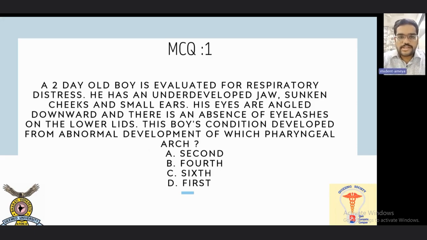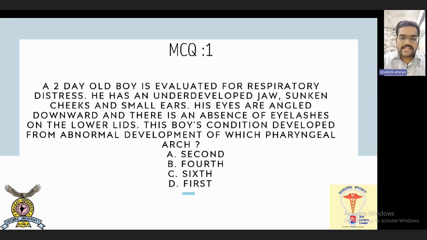This boy's condition developed from abnormal development of which pharyngeal arch? A, second, B, fourth, C, sixth, D, first. Okay. So based on reading the options only, not even focusing on the question, I know that the question has come from a pharyngeal arch.